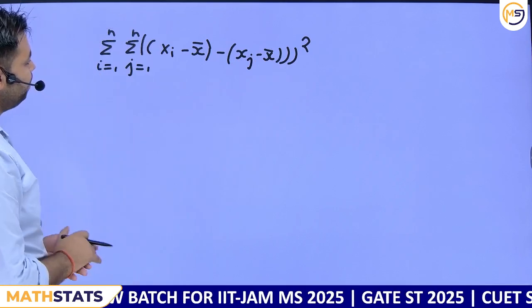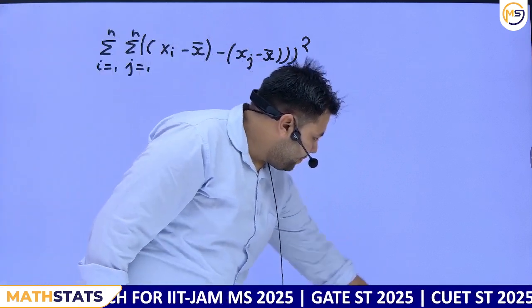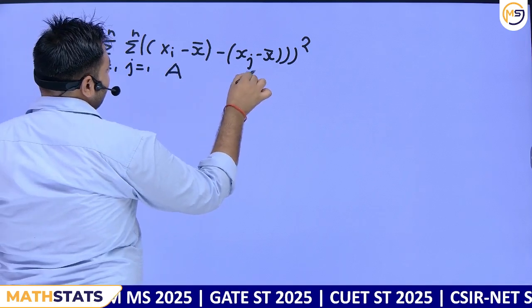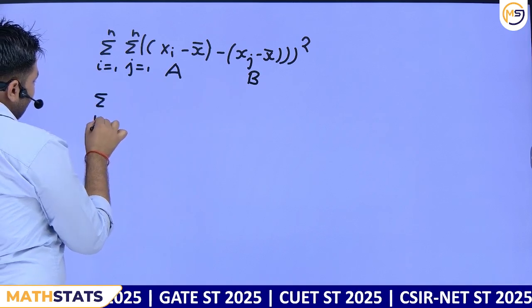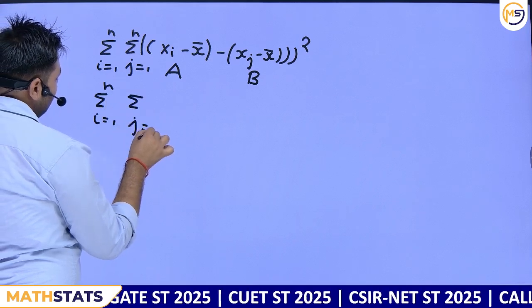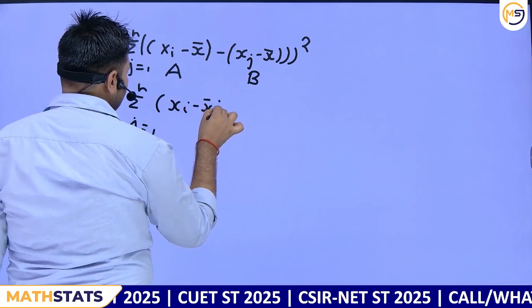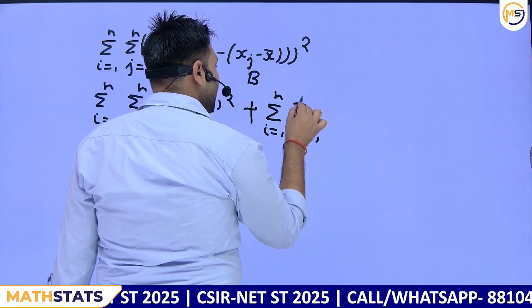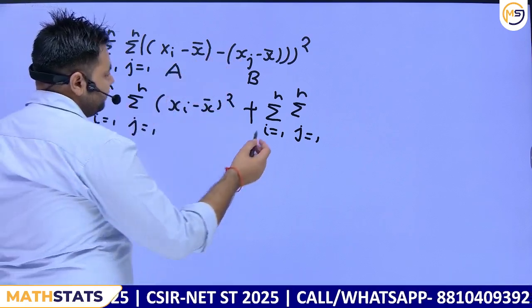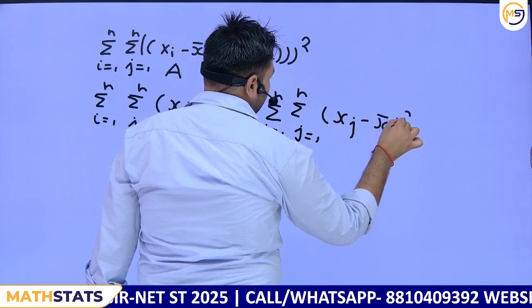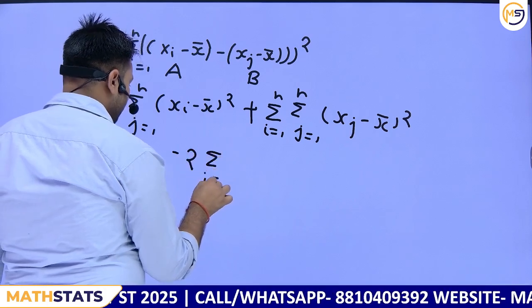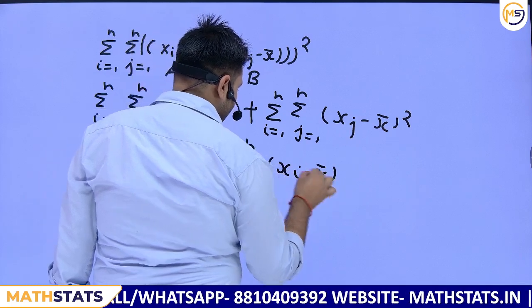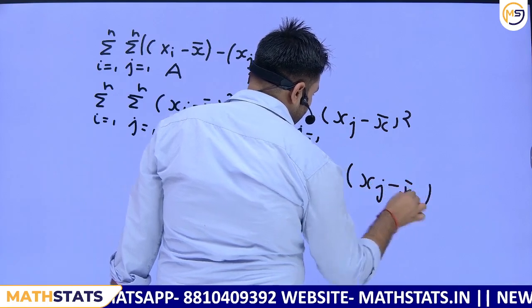When you apply (a minus b) whole square, you will get the double summation of (xi minus x bar) square plus the double summation of (xj minus x bar) square, minus 2 times the double summation of (xi minus x bar)(xj minus x bar).